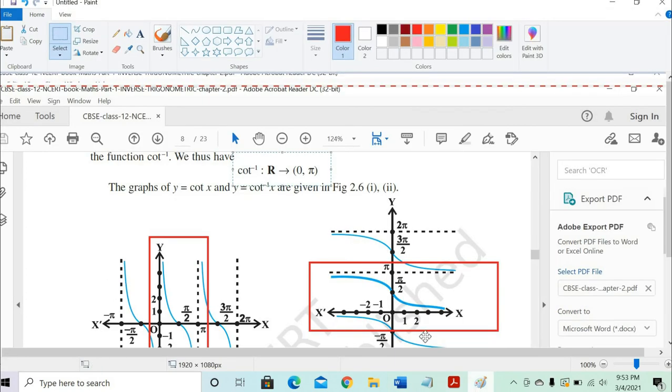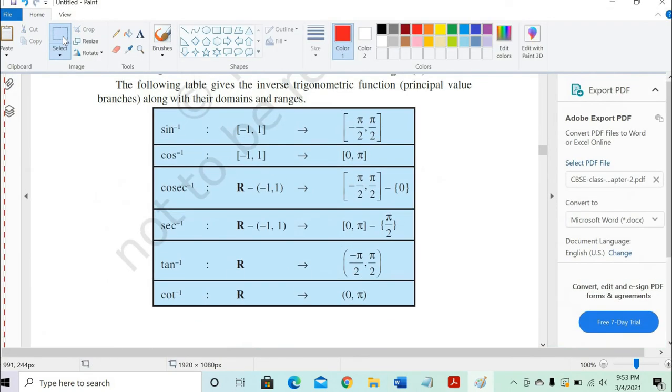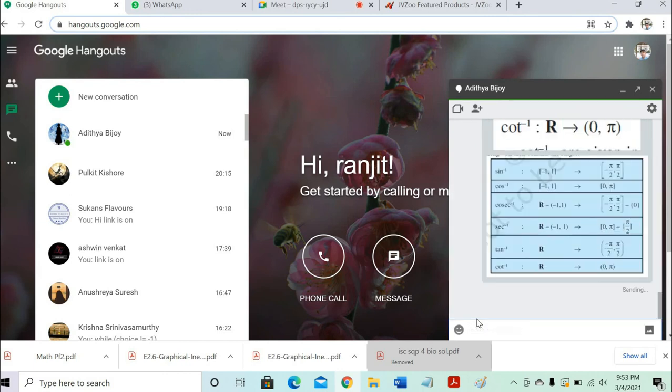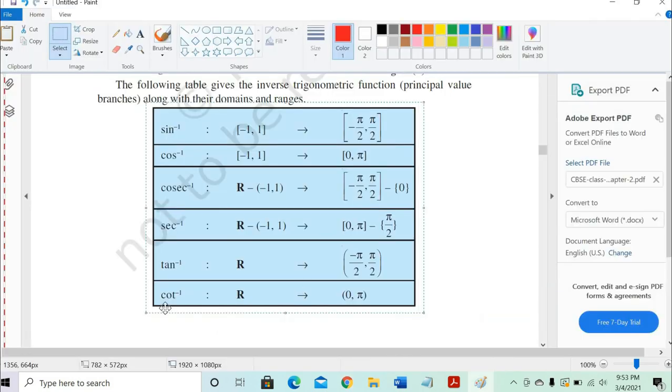We discussed graphically these parts, and so we need to remember this part. First is the domain and second is the range for the inverse functions. So for the sine inverse trigonometric function, the domain is -1 to 1.